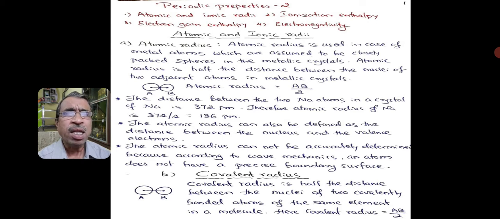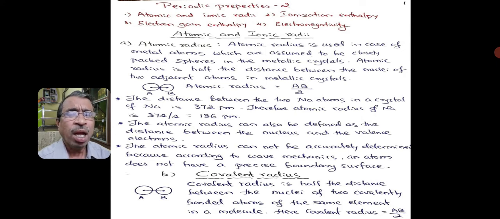Atomic radius basically contains metallic radius, where the two metal atoms are bonded together by the metallic bond. We have covalent radius, we have van der Waals radius, and also we have ionic radius.